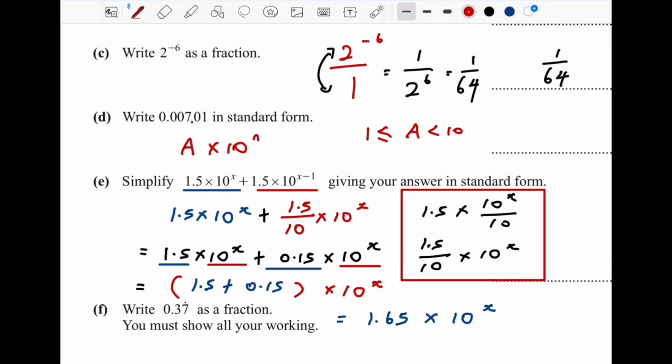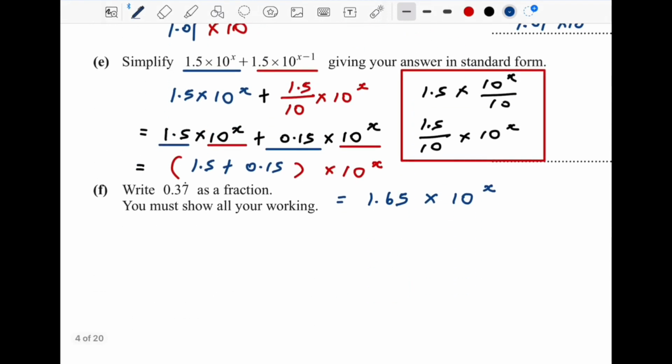Probably here, right? 7.01, 1, 2, 3. Okay, power 3, it's negative 3. So this should be 7.01 times 10 to the power of negative 3.